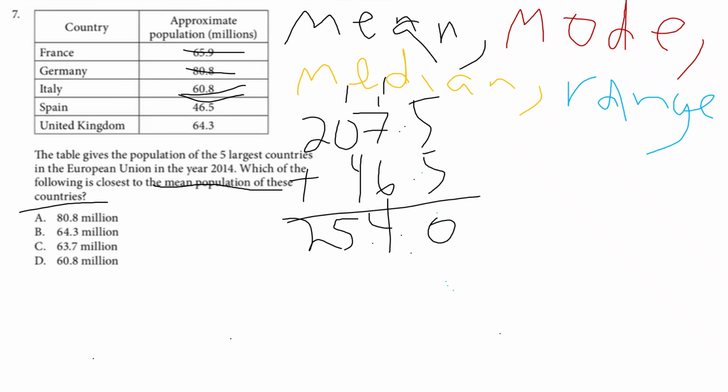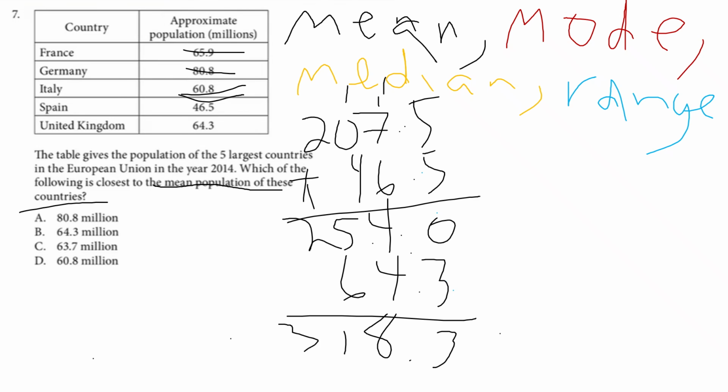And then we're going to add 64.3. That's going to give us 3, 8, 11, 3. So the total number, the total sum of all 5 of those numbers is 318.3.